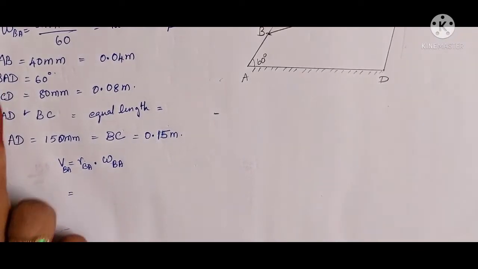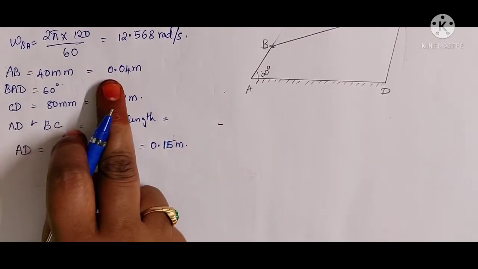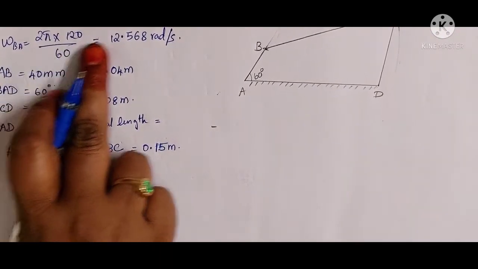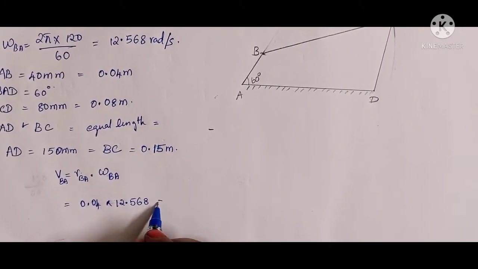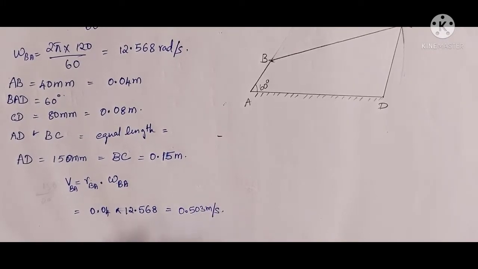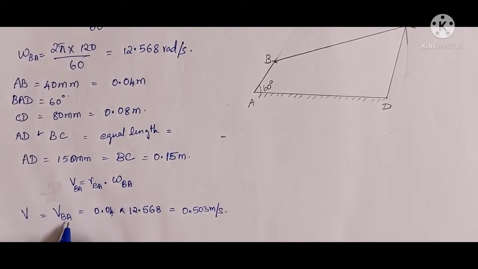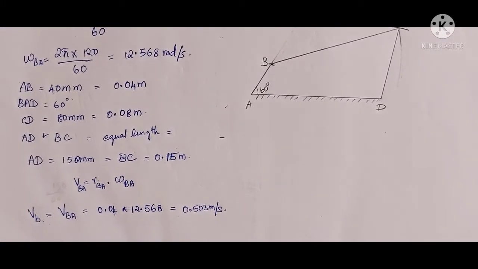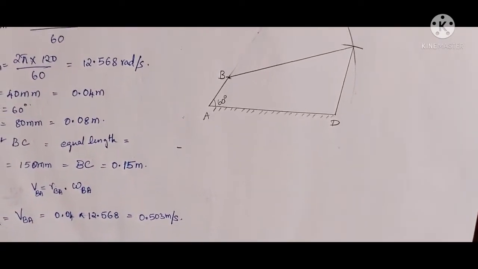RBA is nothing but the link length of AB, 40 mm, that is 0.04 meter. 0.04 into 12.568 gives 0.503 meter per second. Since BA is a fixed length, we can take this as VB, the linear velocity of point B. From this we need to initiate the velocity diagram.